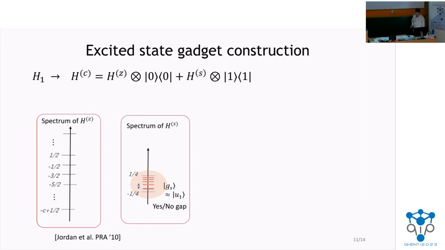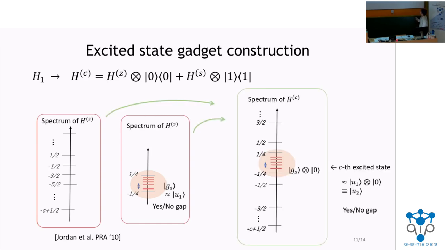And the spectrum of Hs can be obtained by somehow normalizing the H1 which I've already obtained. So the energy spectrum lies between -1/4 and 1/4. And the spectrum of this Hc can be obtained by combining those two spectrums.